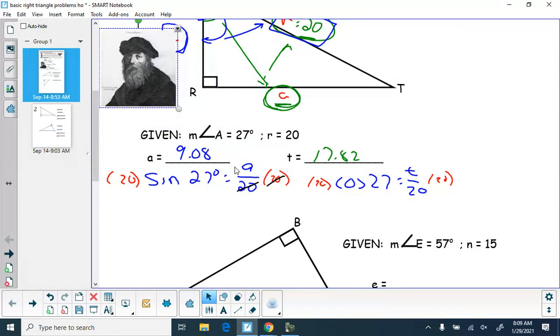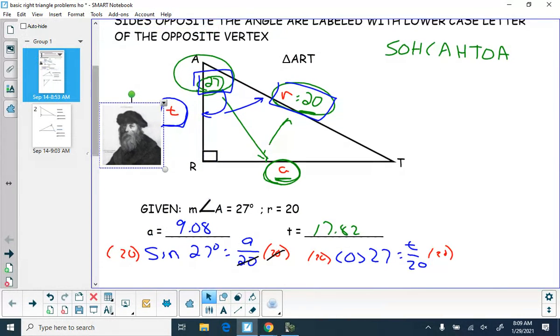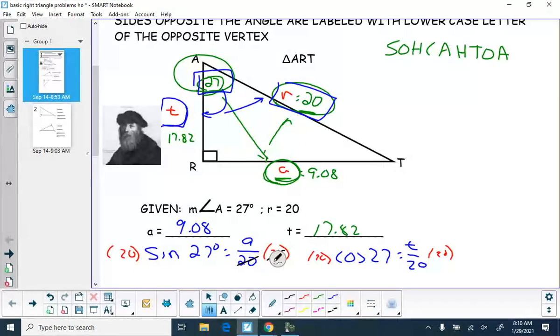Let's take a look at our good old buddy Pythagoras. We came down to 9.08 for a, and for t, we came down to 17.82. What I want you to do in your calculator is look at the Pythagorean idea. It says this leg squared plus this leg squared equals this value squared.